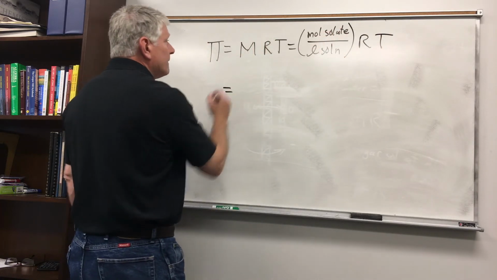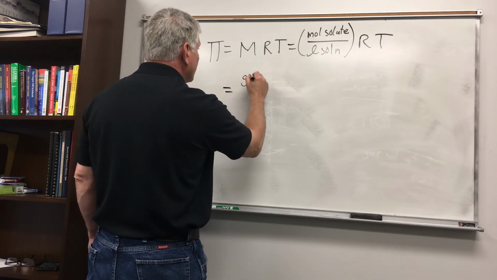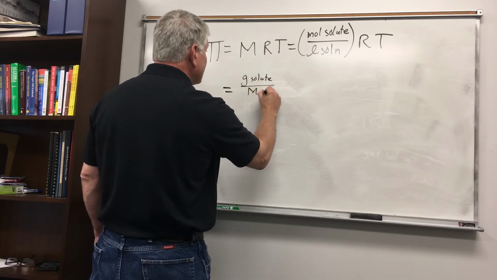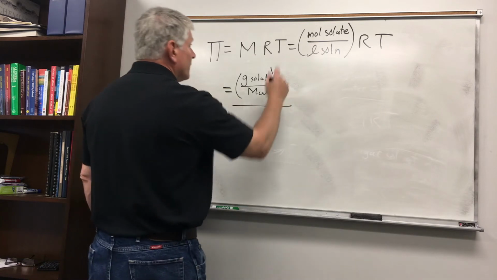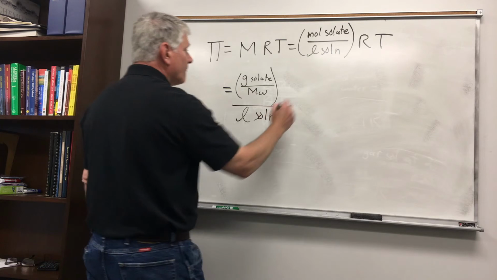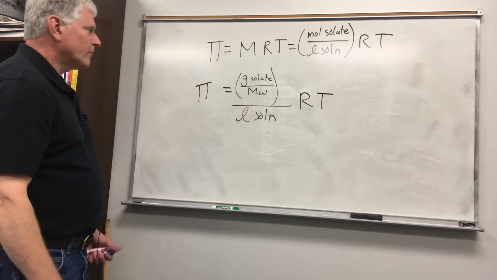And we can write moles of the solute as the grams of the solute divided by the molecular weight of the solute. So this is moles of solute, then we divide again by liters of solution times RT. So this is the osmotic pressure.